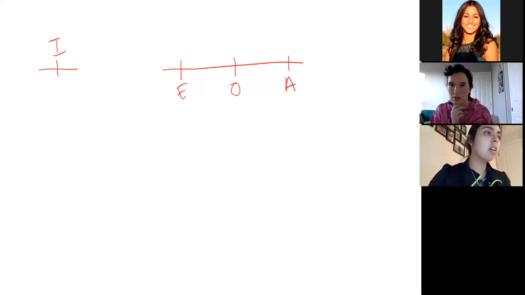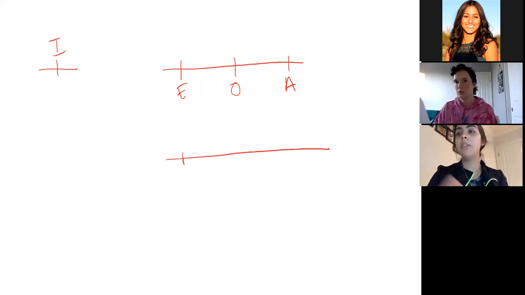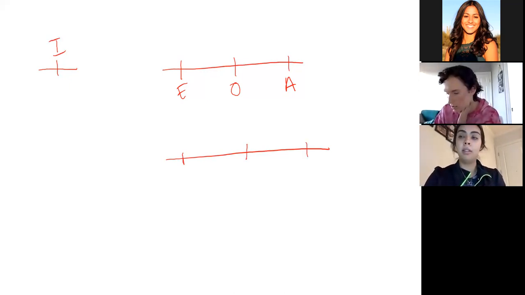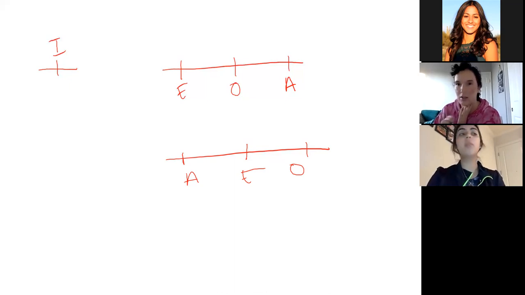Just because, okay, so let's do it the other way, right? So how other way do you suggest? So what I had was AEO, because I thought that the distance between A and E would also be 9 centimorgans as E and O. Okay, but that's what I'm saying, that right now you have just recombination distances between two genes.